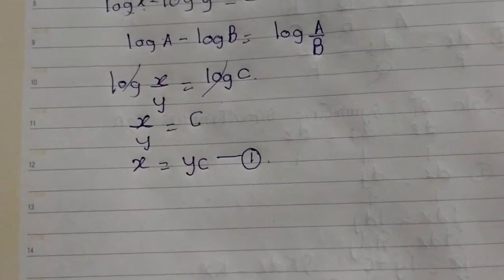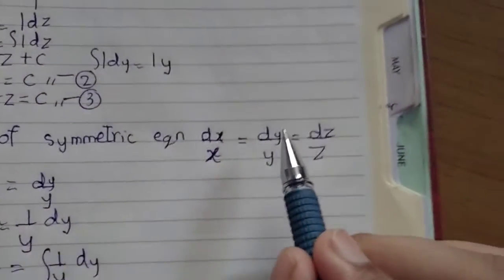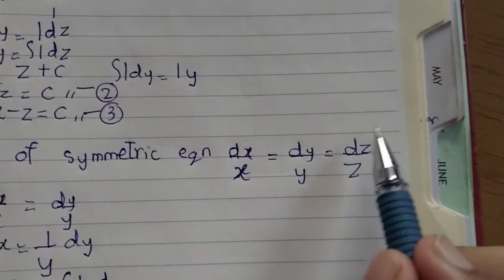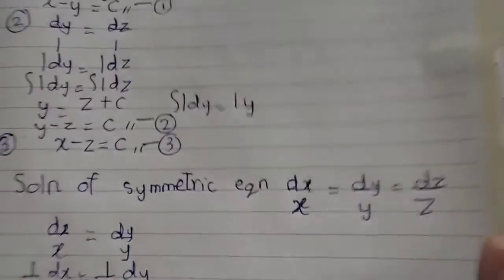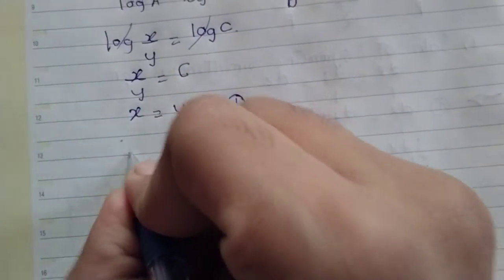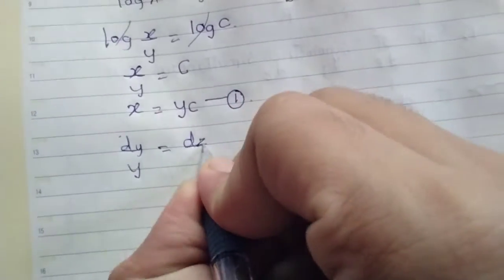Similarly, solving the second, what is the second? Now the second answer. For the second answer we will group dy by y to dz by z ratios. We will group dy by y is equal to dz by z.